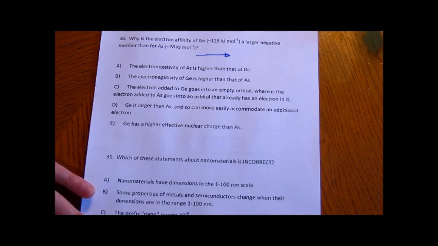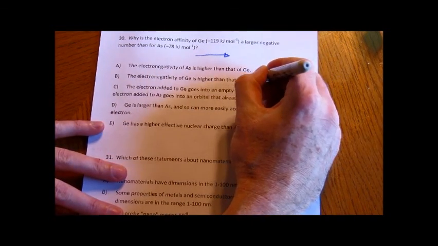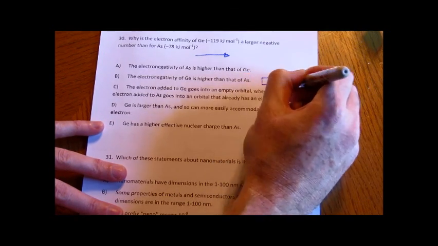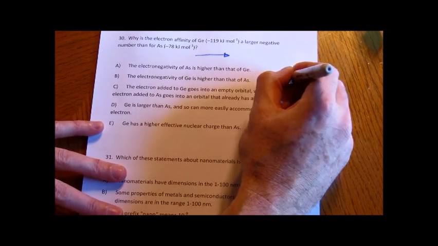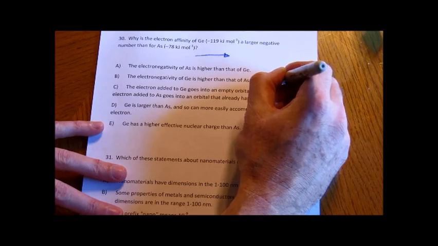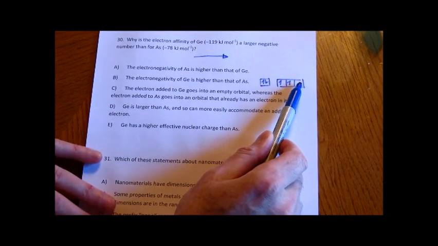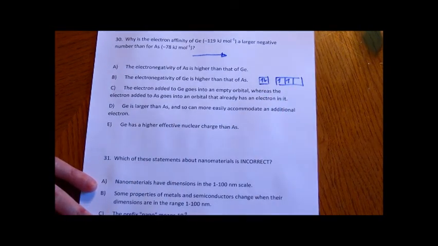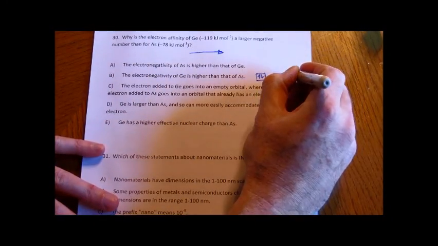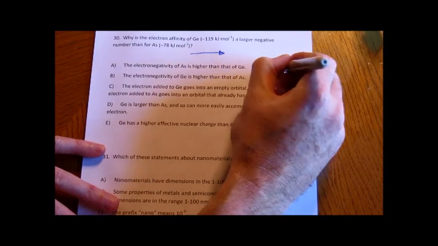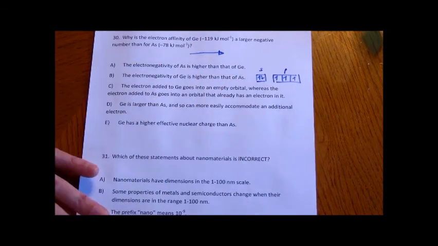When you add an electron to germanium, it goes into an empty orbital. So remember that germanium's configuration looks something like this. So the next electron you put into it goes into an orbital that is vacant. On the other hand, arsenic has the electronic configuration where this is the S and the degenerate P that looks like that.